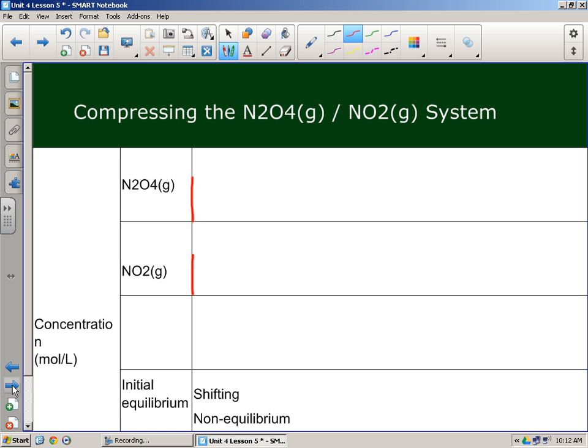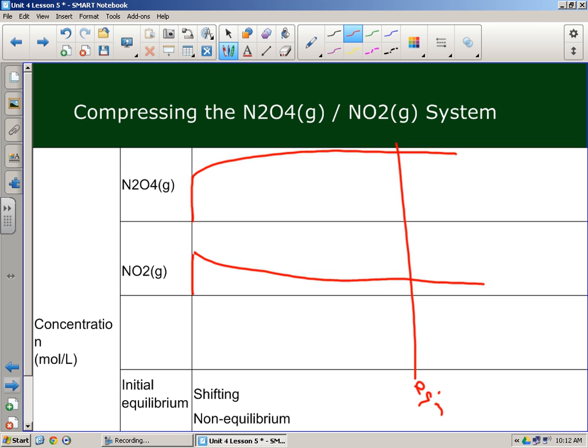So N2O4 is going to get made more until it gets to its equilibrium here. And we're going to use up the NO2 until it reaches equilibrium there. Okay? So a little bit different, because you do get this initial spike in concentration due to the fact that we are compressing it, we're making the volume smaller. Concentration goes up. Okay?